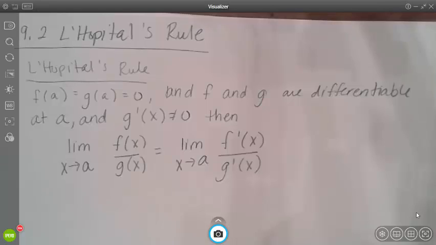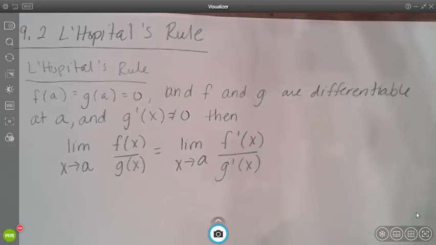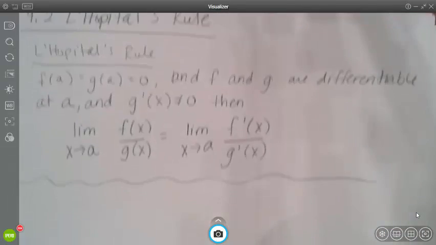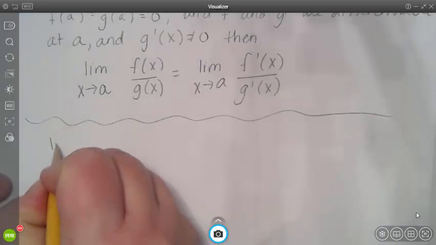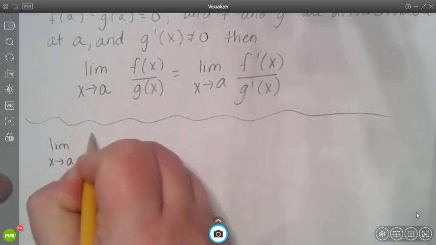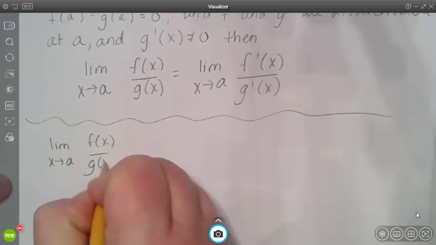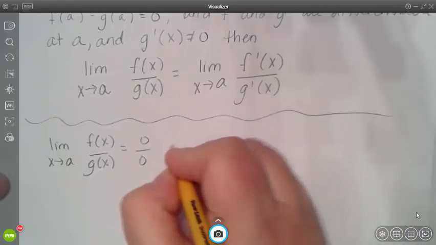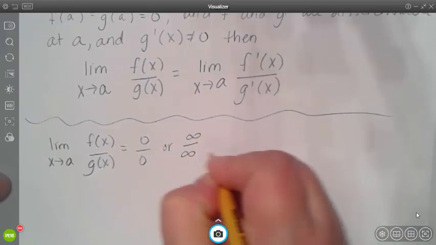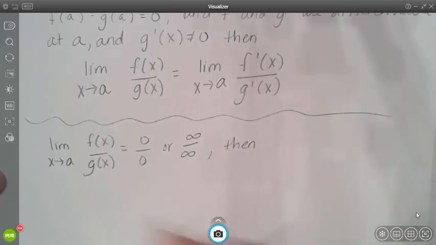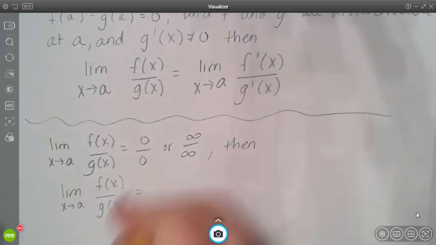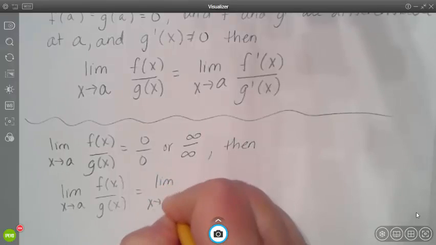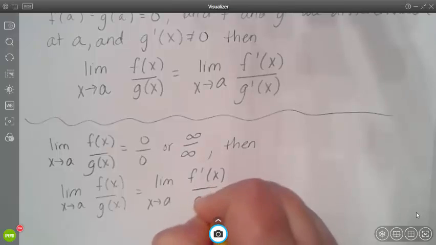Okay? So I know that's a little bit confusing talking about it in math terms. If we just talk about it in our own words, what it's saying is if the limit as x approaches some number of f of x over g of x equals 0 over 0, and really we're also going to talk about infinity over infinity, then the limit as x approaches A of f of x over g of x equals the limit as x approaches A of f prime of x over g prime of x.